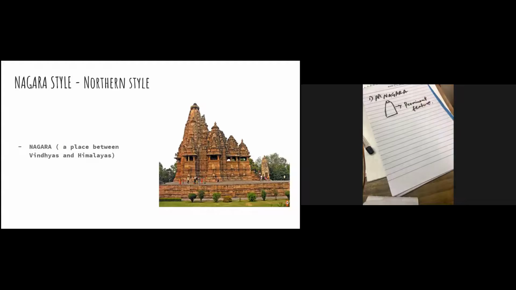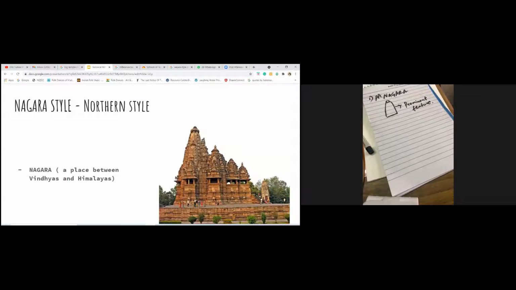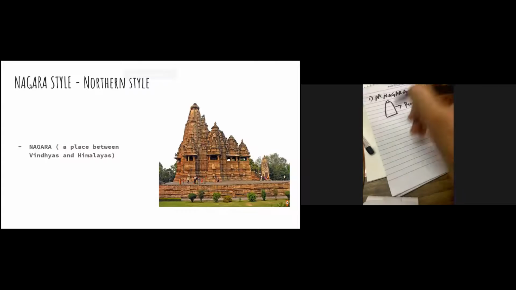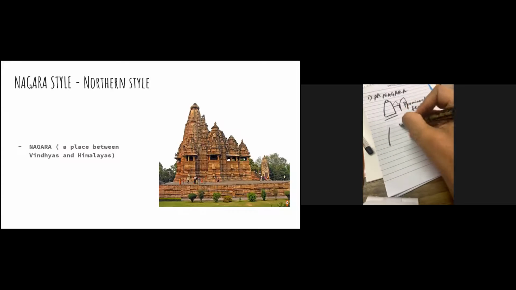Even today, if you get to observe, in most of this particular kind of architecture, this part is the highlight. And then there are many small partitions, which were of high prominence in this style of architecture.